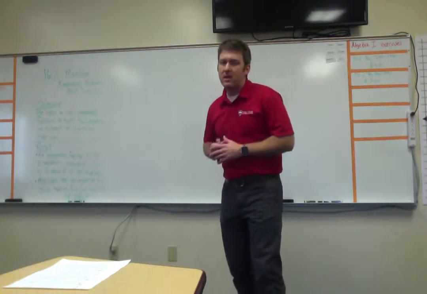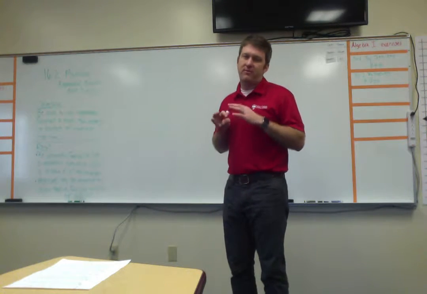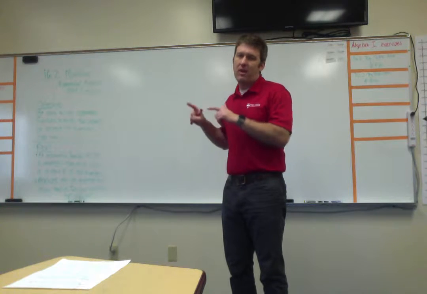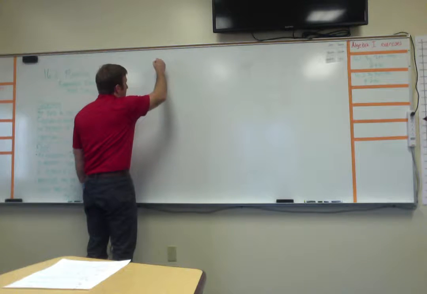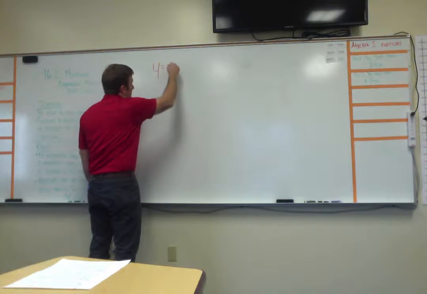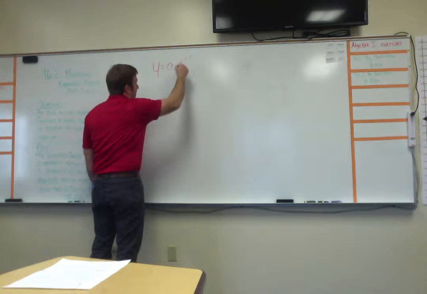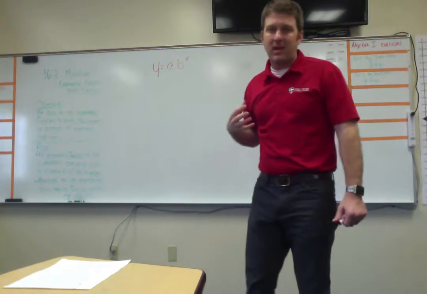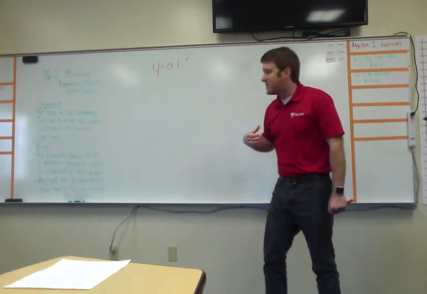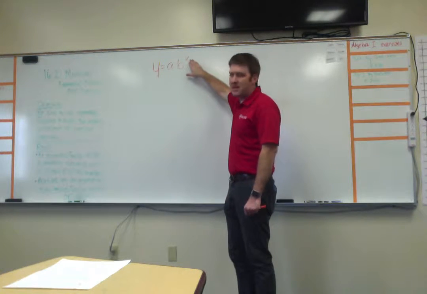So far, as we've dealt with exponential functions, we've encountered them in the form that I'm going to write on the board: y equals a times b to the x. Remember, what makes something an exponential function is that it has a variable in the exponent. Our input is in the exponent.